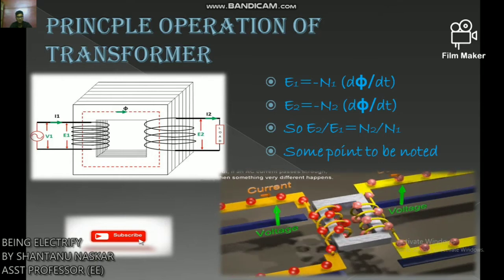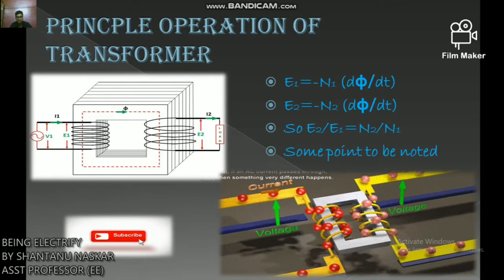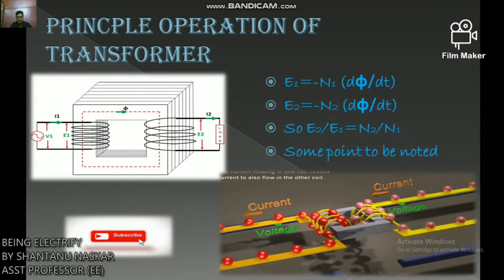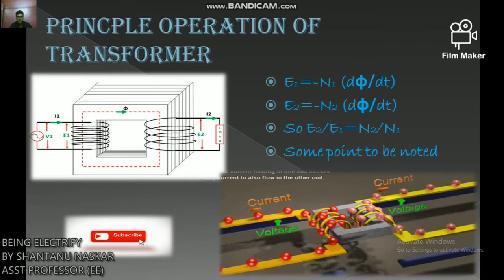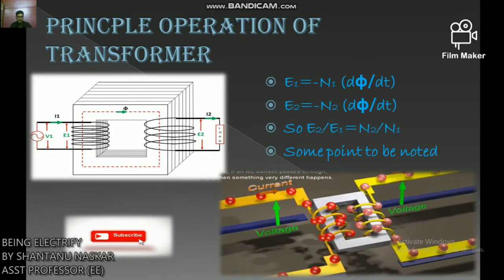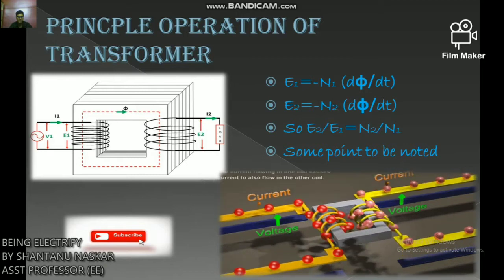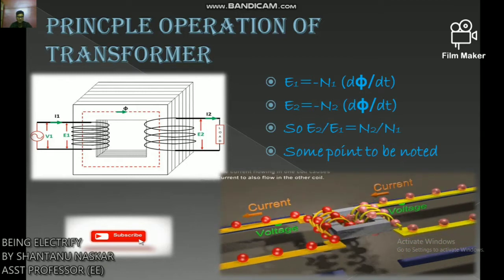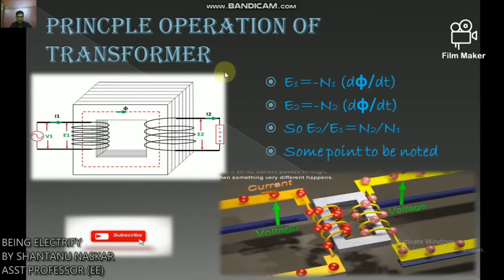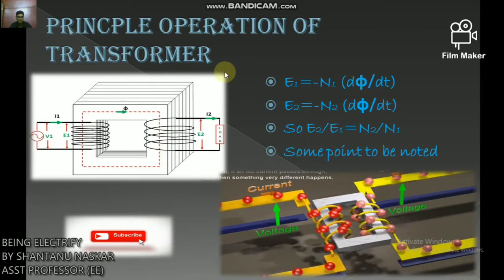Electrical power is generated, transmitted, and distributed in the form of alternating current. Transformers have no moving parts, are rugged and durable in construction, and thus require very little attention. They also have very high efficiency, as high as 98 to 99%. So in this video we will study some basic properties of transformer.